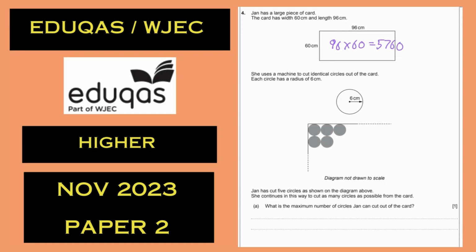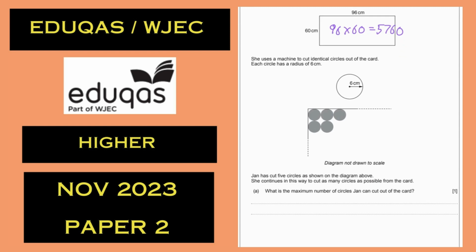So what are we actually doing? She's cutting circles out. Circles with a radius of 6. But we're going to be caring about how many, not radii that fit in. We're interested in how many diameters fit in. Well, left to right, 12 goes into 96, 8 times.